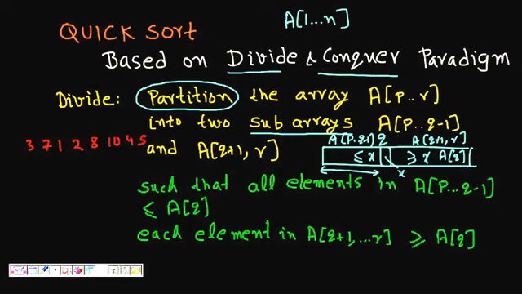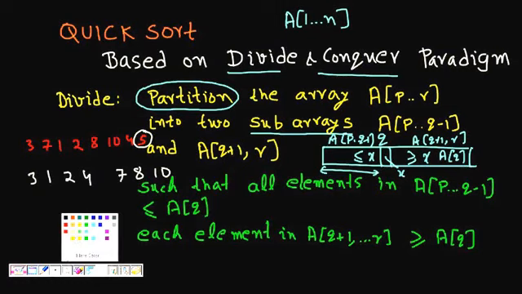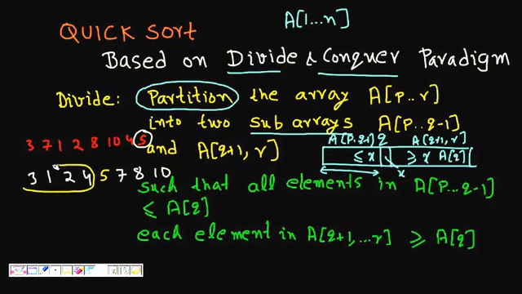One solution to partitioning is that 3, 1, 2, 4 are less than 5 and then 7, 8, 10 are greater than 5, and now we include this 5 here. In this part everything is smaller than 5, and in this part everything is greater than 5.